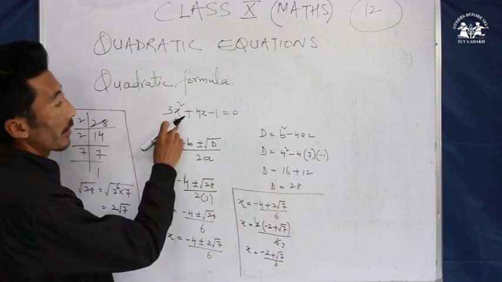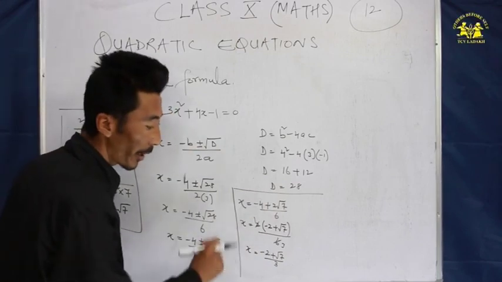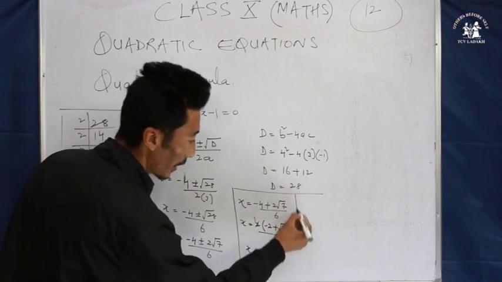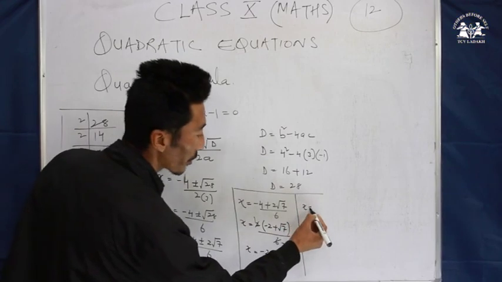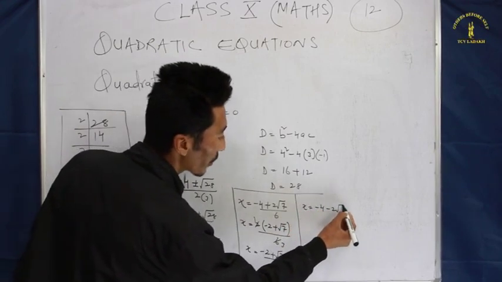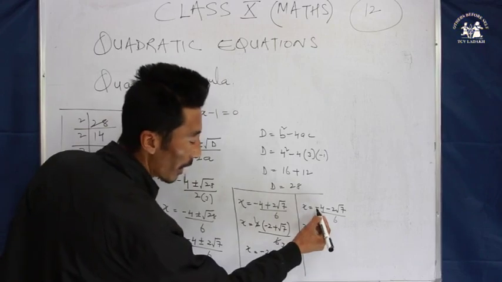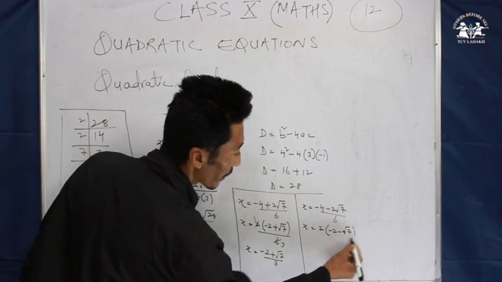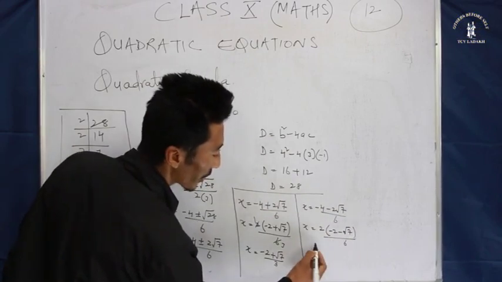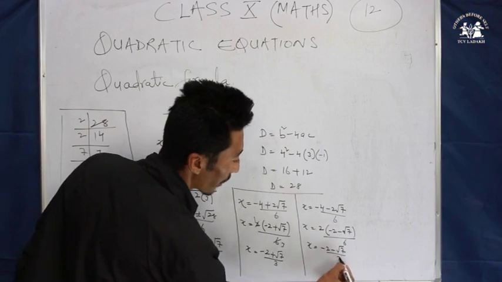So the quadratic equation gives two x values: -2 plus root 7 by 3. Plus and minus give x equals to -4 minus 2 root 7 divided by 6. Take the common factor 2: -2 minus root 7 divided by 6, cut the 6 to 3, x equals to -2 minus root 7 divided by 3.